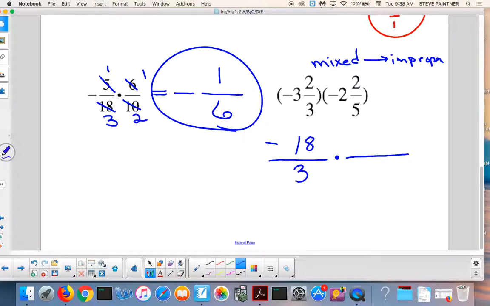Is that what you have? Okay. Everybody watch. This number is negative, so I put a negative. What's this times this? 9. And then what do you do with the 2? You add the 2. So it's 9 plus the 2 is 11 over 3.